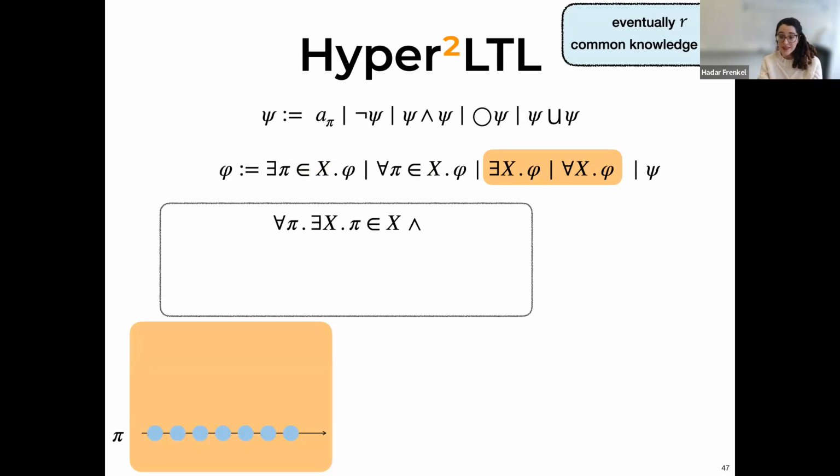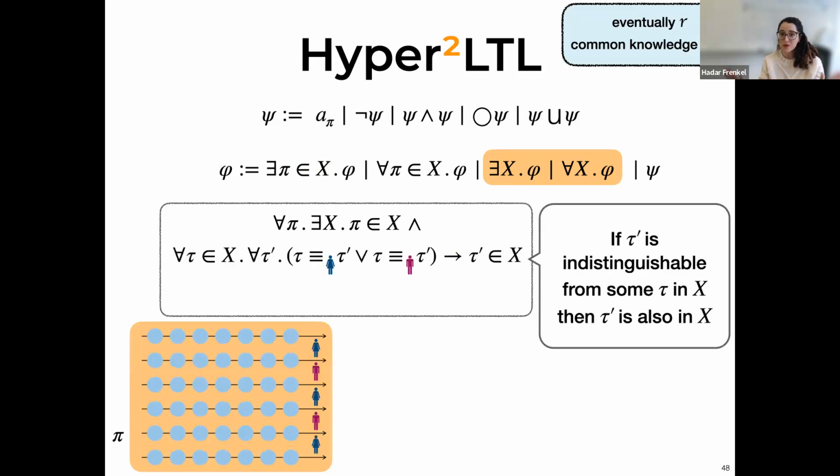This is the most complicated part: if I have some trace tau prime that is indistinguishable from a trace that is already in my set, then tau prime should also be in my set. So if I already collected some indistinguishable traces and I find some other one that is indistinguishable, I have to add it as well.